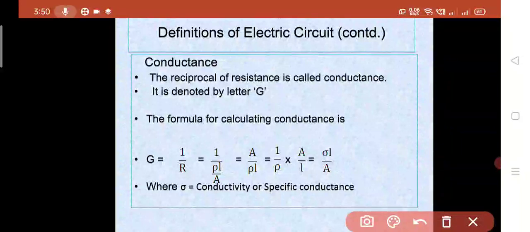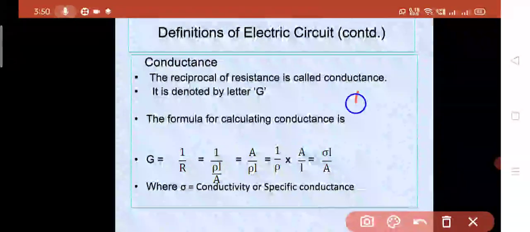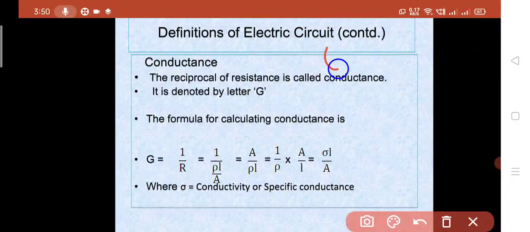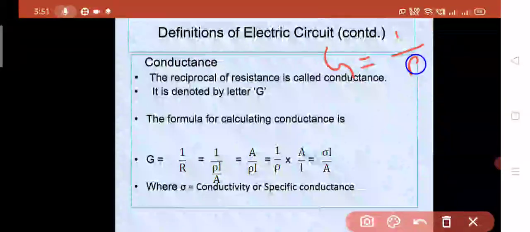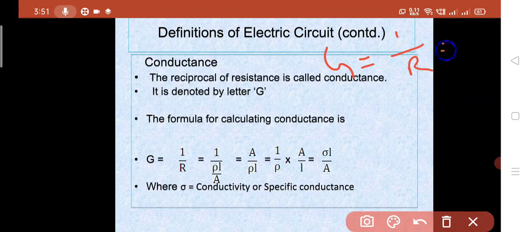It is denoted by the capital letter G. The formula for calculating conductance is G is equal to 1 by R. So 1 by R is equal to rho L by A.